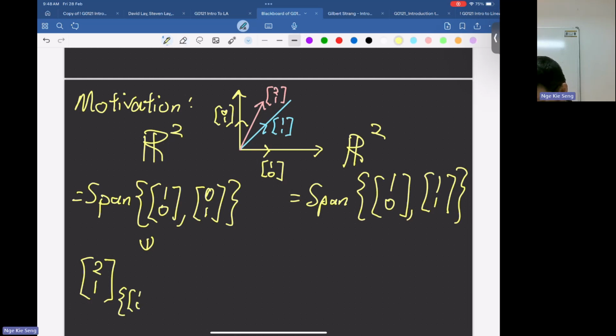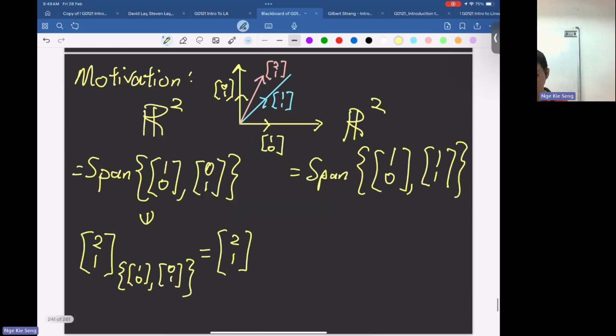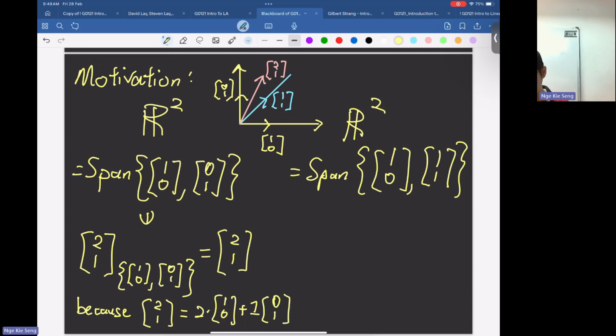So let's check the address in different bases. This is equal to what? Still (2,1). Why? Because this coordinate vector is the coefficient when you express the vector as a linear combination of the basis vectors. This is how I get this 2 and 1.